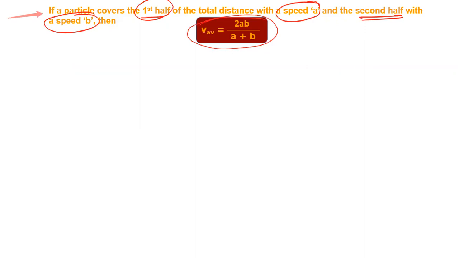By that, we can obtain this formula in terms of speed A and speed B. Remember this for solving MCQs.